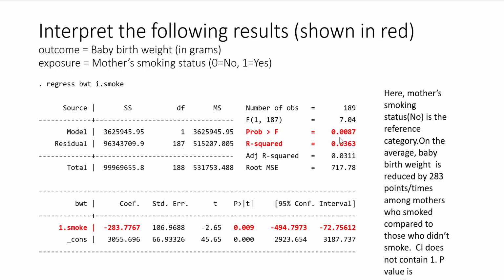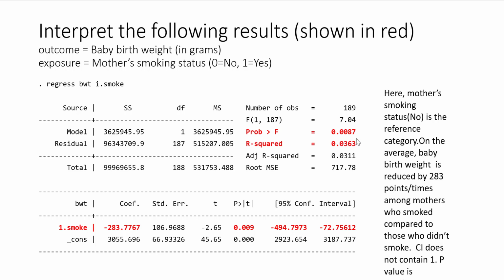All right. So how do you interpret R squared? R squared means the amount of variation in the outcome variable, that's the dependent variable, that can be explained by the independent variable. So here I can say that 3.63% variation in the baby weight can be explained by the mother's smoking status.